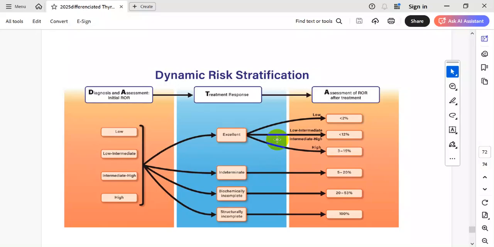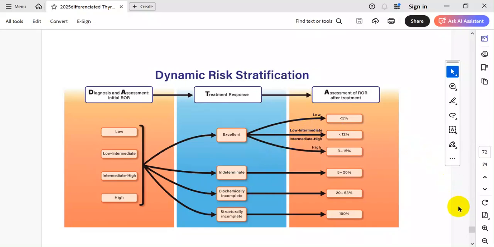For example, lenvatinib and sorafenib for differentiated cancers, and vandetanib or cabozantinib for MTC, medullary cancers, and dabrafenib and trametinib for BRAF mutation, and NTRK mutation with larotrectinib and entrectinib give more than 70, even 80% response.